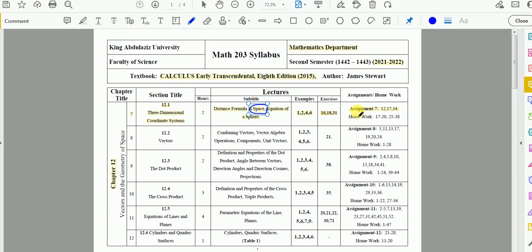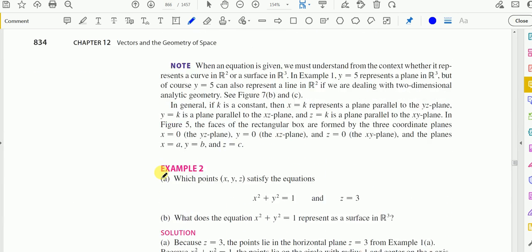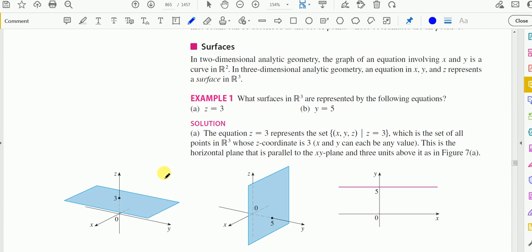Example 1. We'll do it in this book. They asked what the surface R3 means. R3 means a three-dimensional space.